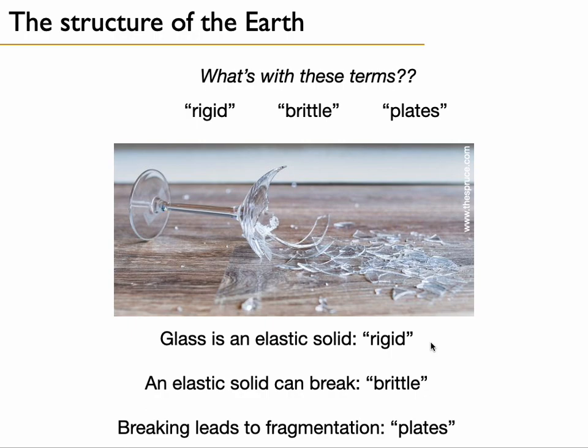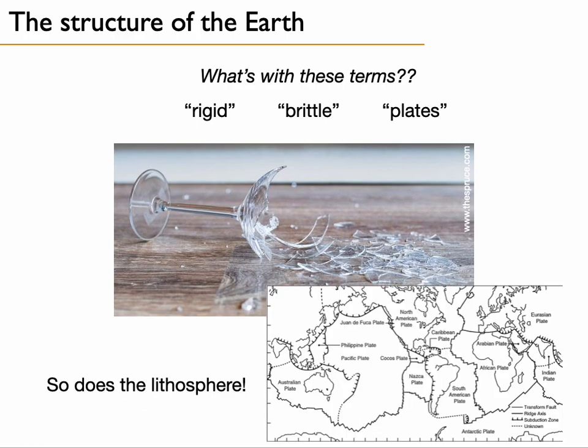And a rigid material, if it is solicited a little bit too much, will break, and this is why a solid rigid is also brittle. So the rigid lithosphere will be brittle, and as a result, it will be able to fragment and form plates. That's the analogy between a glass of wine and the Earth's lithosphere.